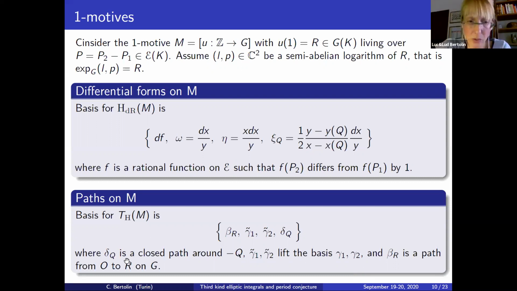Then I take delta_Q, a closed path around minus Q, and beta_R, a path from 0 to R on G. Now I have a basis for the differential forms of M and a basis of loops on M that we have constructed.